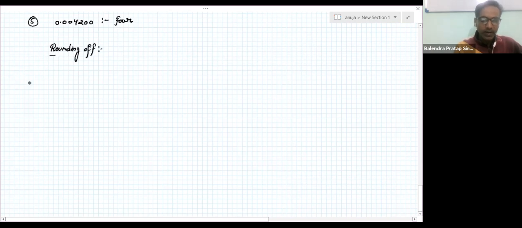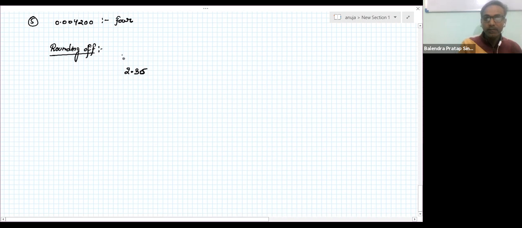So the rule of rounding off is like this. Suppose you have a number like 2.3636. Case number 1: if the last digit is greater than 5.